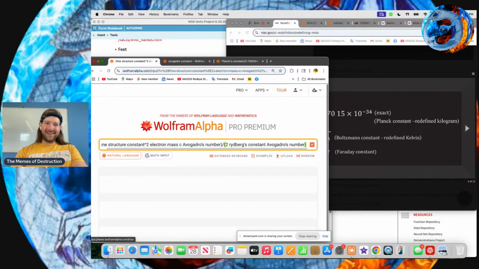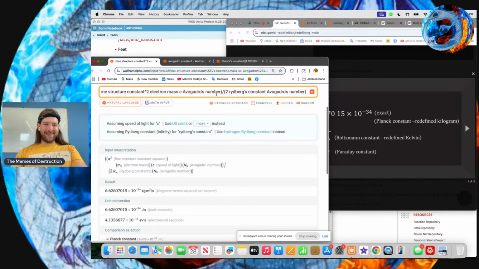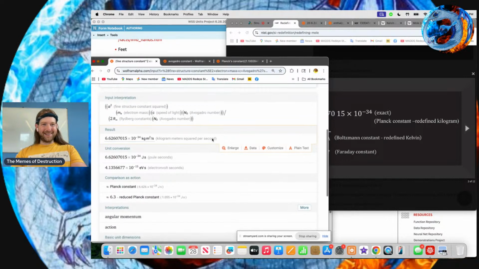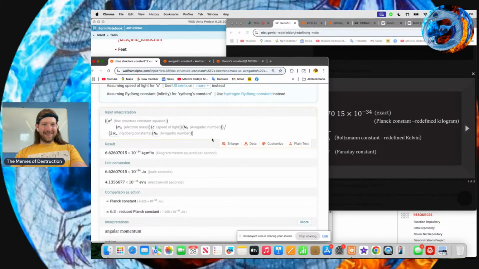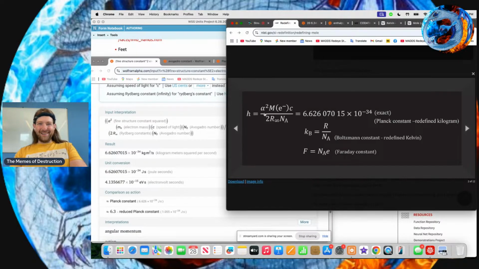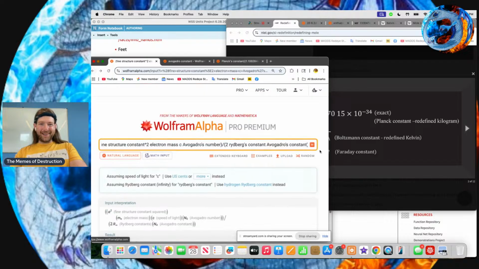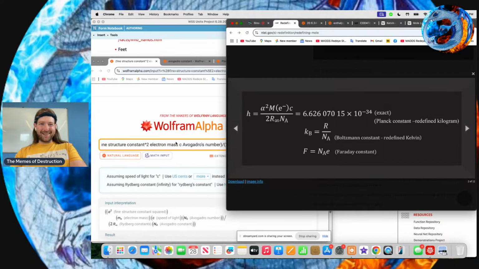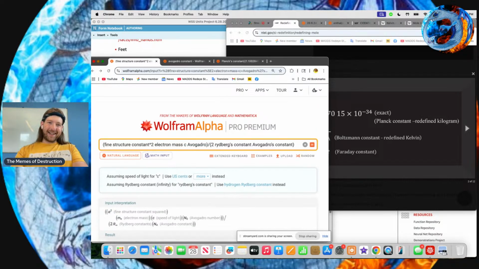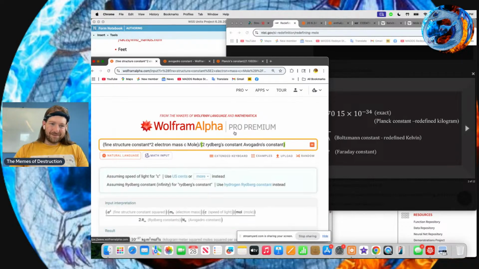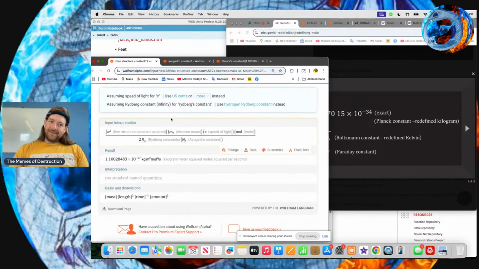Number? Because it's basically just going to cancel it out. Okay, yeah, it gives us Planck's constant. I mean, it's just 1. Why? Oh, it's supposed to be a mole. That's why. All right, so that's Avogadro's constant. That gives us an amount, and if we divide by... Oh, I'm dumb. All right. So it's giving us a mole, Avogadro.